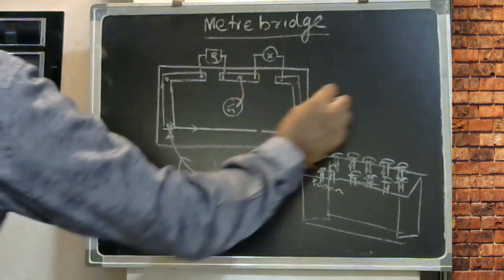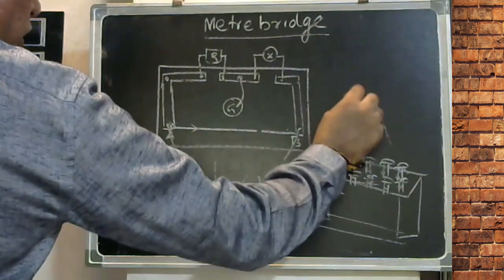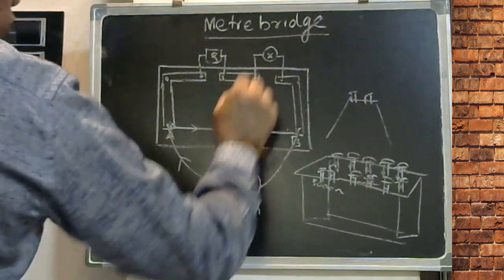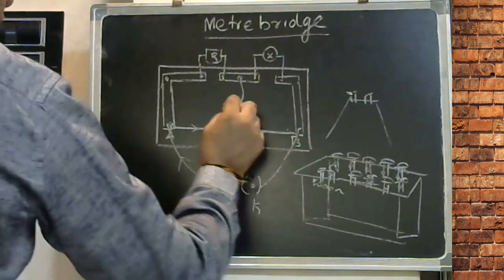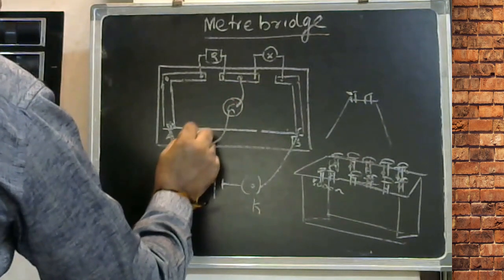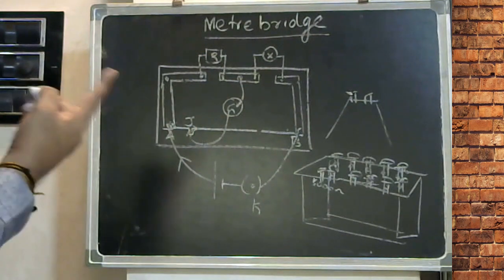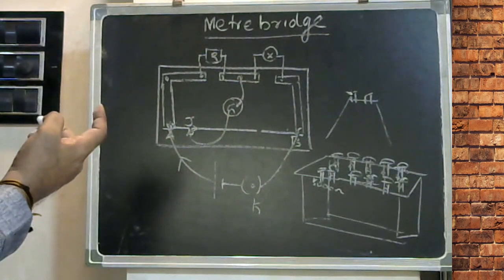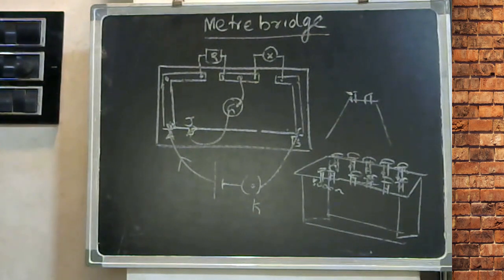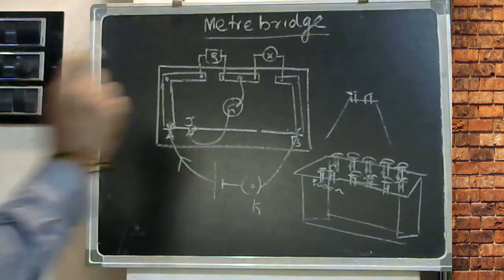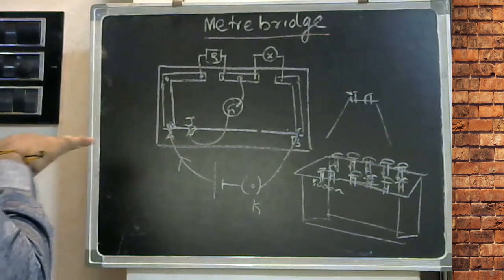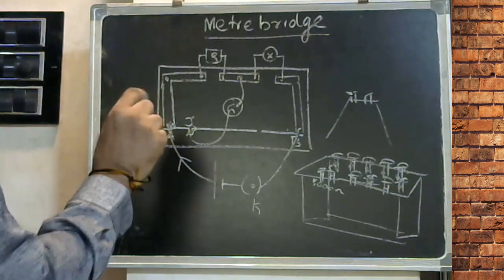And galvanometer has two screws here. One screw will go to this, and one screw you connect a jockey. A jockey is a pen. It's a plastic pen type thing which you can hold in your hand, and you have a small metal part so that you can touch.